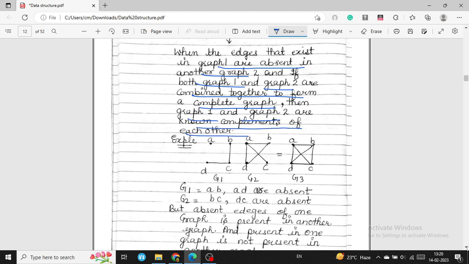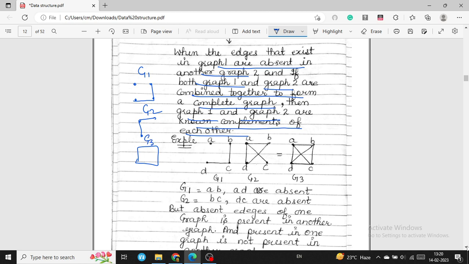For example, here we have drawn one graph like this. I have drawn this graph G1, and here I have drawn this graph, G2. When we combine them, it will be drawn like this.